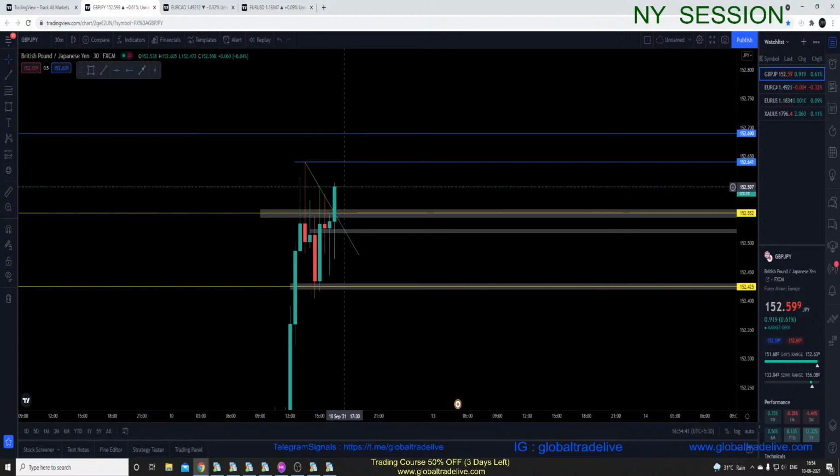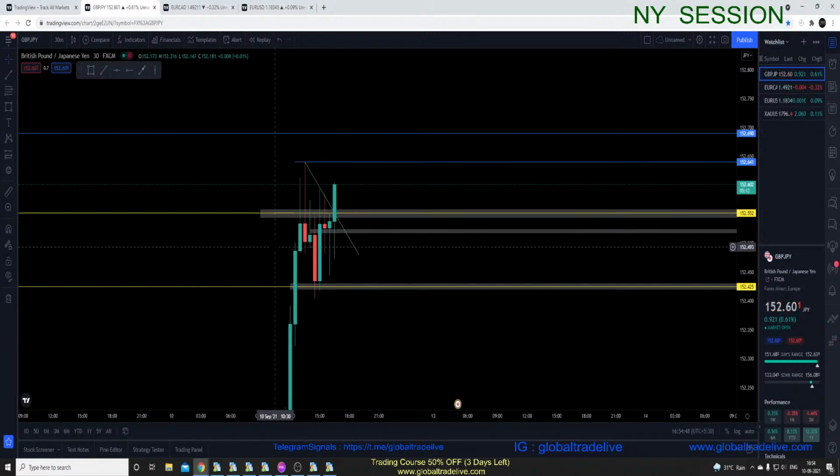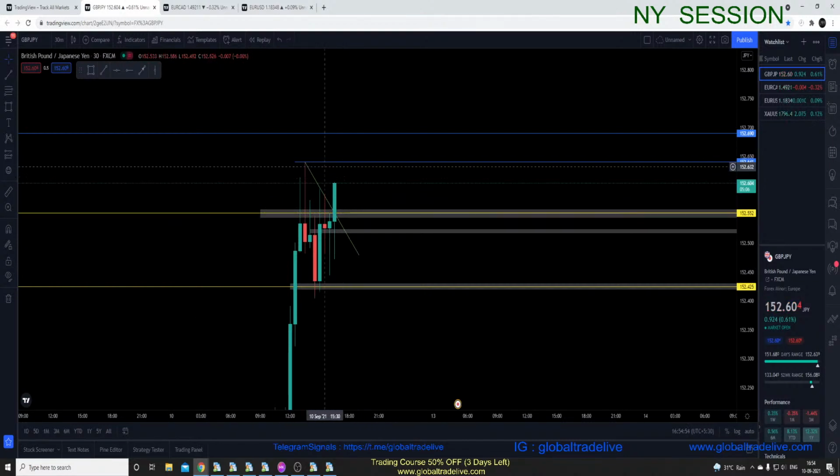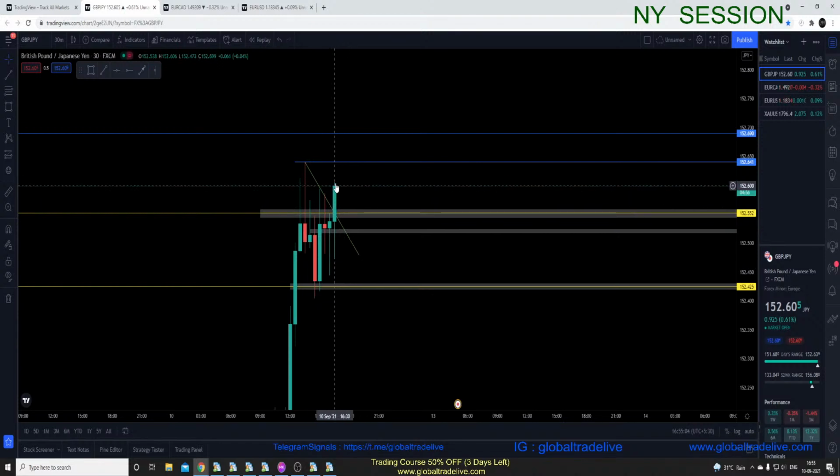It's just that I want this candle to close above the 152.552 level. Only after that can I take this trade, otherwise I cannot take a trade in this case. Because this candle went all the way up and rejected this price over here, right? So this can also reject this price over here. If that happens, then I will be in drawdown and I'm going to lose this trade.